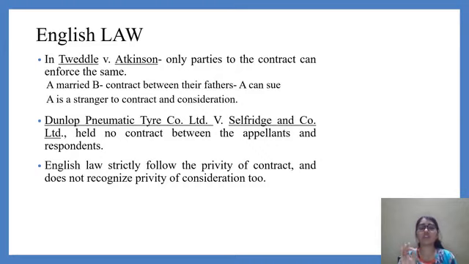This was what was held in the Dunlop Pneumatic Tire Company Limited versus Selfridge and Company Limited case. And hence, as per these two case laws, it is confirmed that English law strictly follows the privity of contract and does not recognize the privity of consideration.